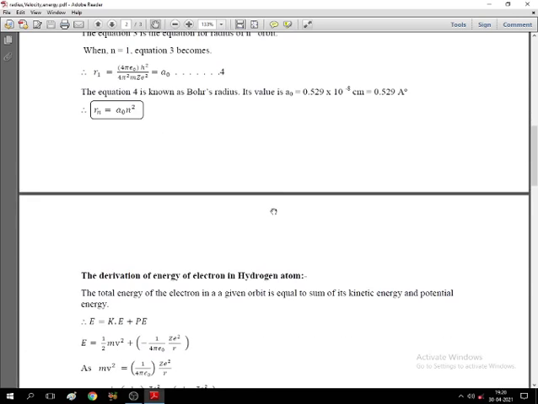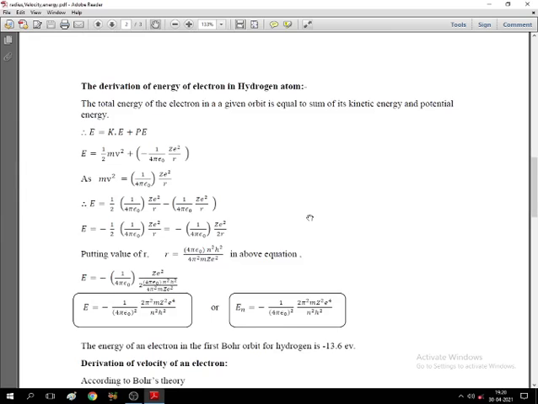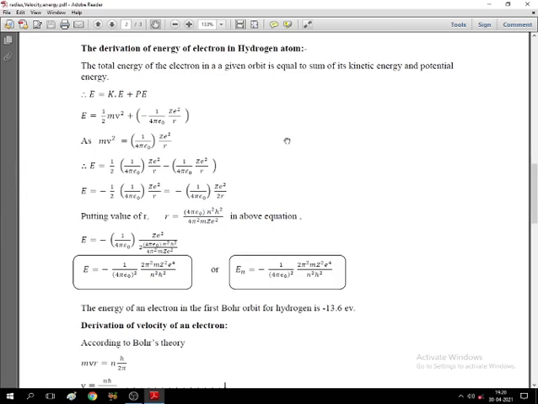Now the next point, the derivation of energy of electron in hydrogen atom. Now again same figure, same consideration, that is the hydrogen atom having a 1 electron, having the charge minus e, nucleus charge is the plus Ze. Clear? Now then, according to our concept, the total energy associated with a matter like that of the electron is given in orbit is equal to sum of kinetic energy and potential energy.